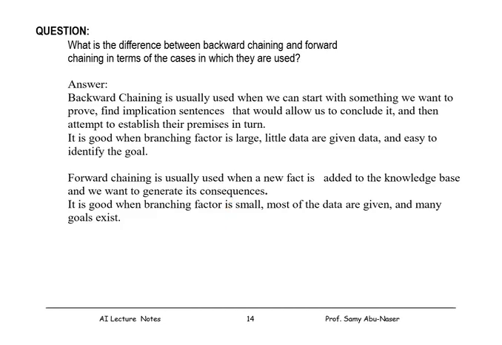It is good when the branching factor is small, the opposite of backward chaining. If the branching factor is small, and the second thing, most of the data are given, and many goals exist.